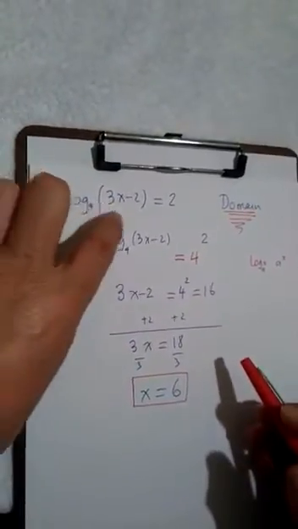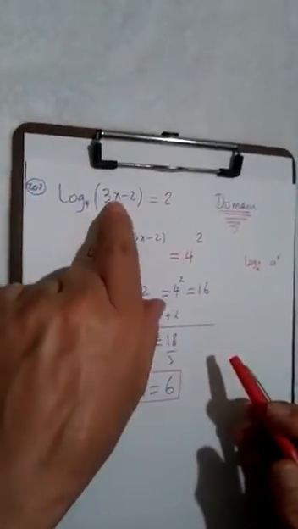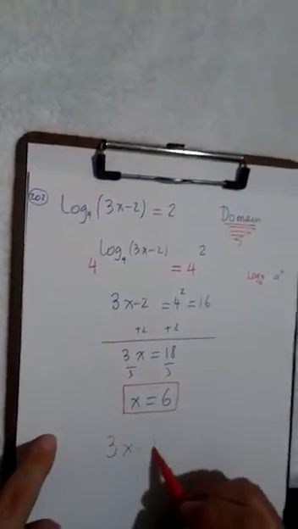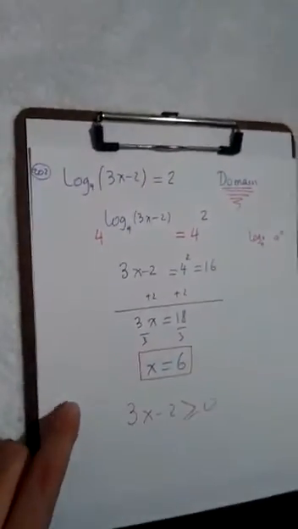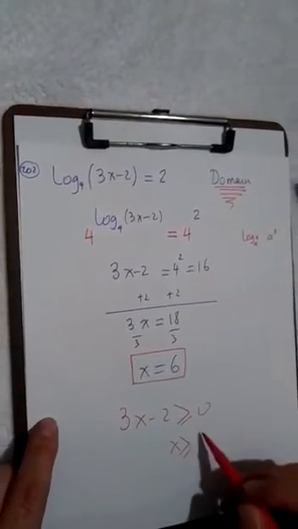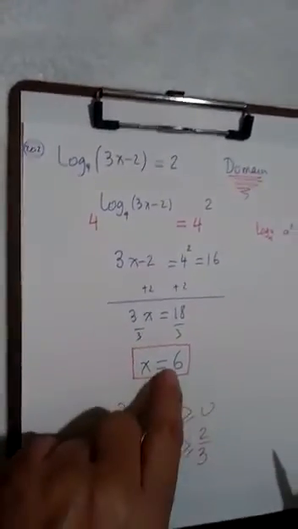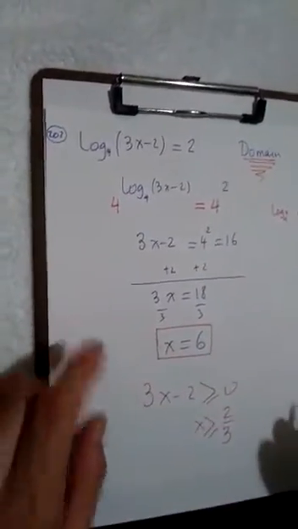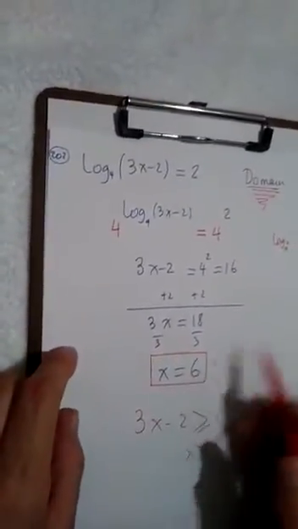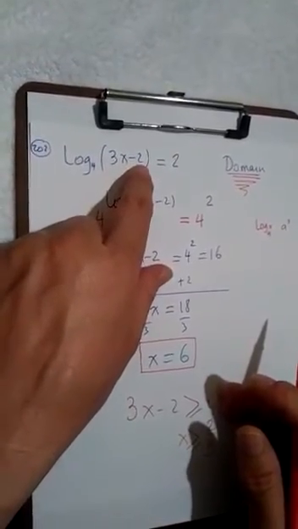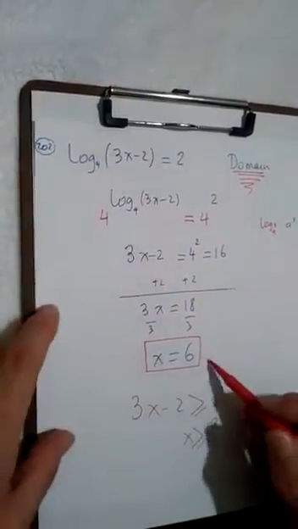You could either say 3x minus 2 has to be greater than 0, and then solve for x. So x should be greater than 2/3. This is greater than 2/3, so it's okay. Or, once you get the solution, put it back in there. 3 times 6 minus 2 is a positive number. So that's okay.